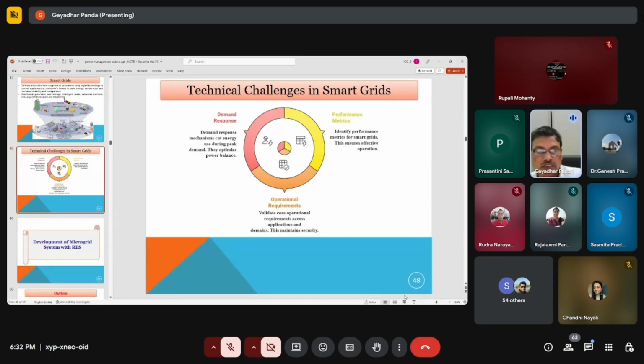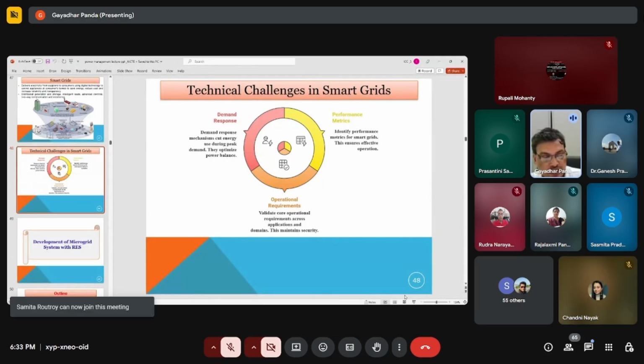It was assumed that the power flow is unidirectional from generation to the load side. Accordingly, the relays, switchgear and protection devices are all designed that way, and the transmission line is also designed that way. But when we go for predominant usage of renewables, which are distributed in nature, and we put them directly at the load side, then definitely there will be a bidirectional power flow.